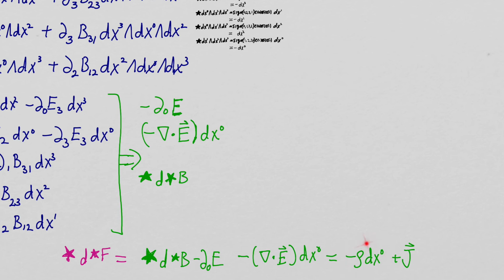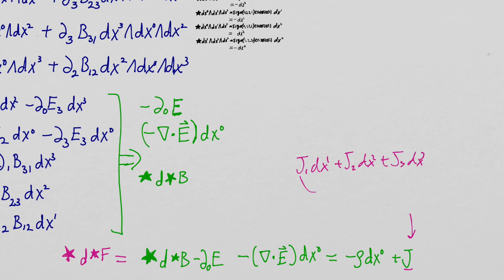Well, J is minus rho dx0 plus the regular 3 current, J. Actually, that's not good because this is in vector form and we really want it to be just the one form of J. So we just want this J to be J1 dx1 plus J2 dx2 plus J3 dx3.